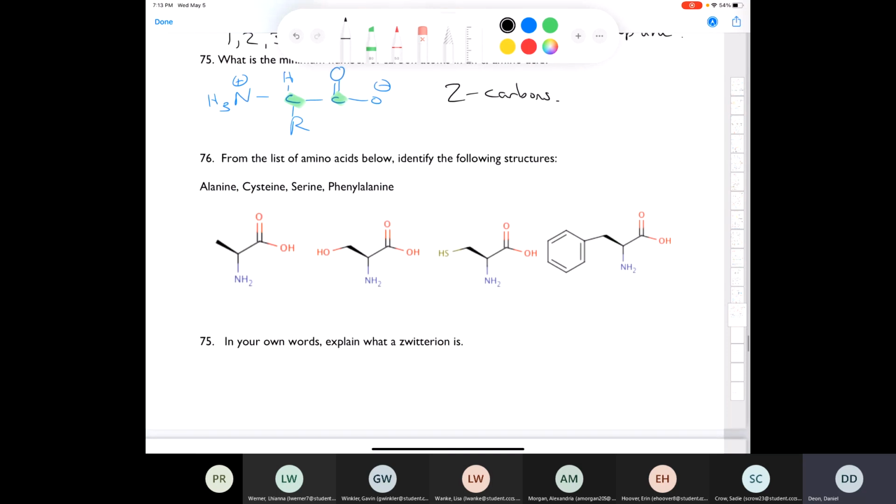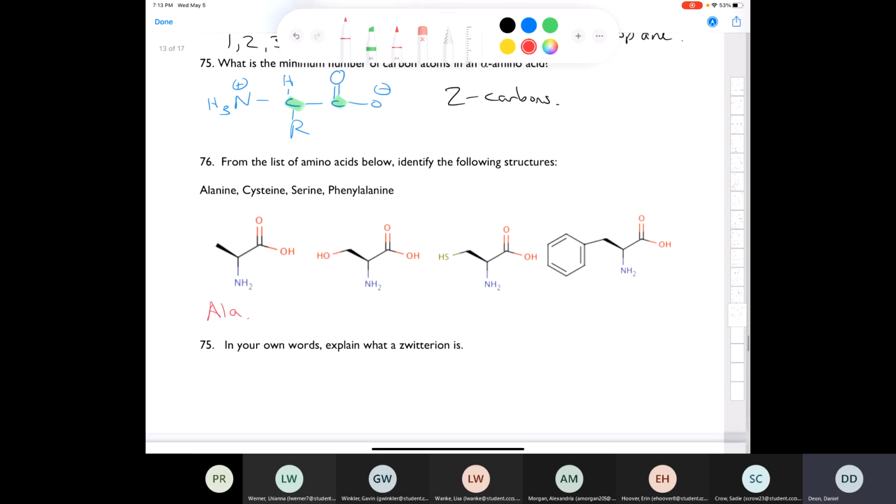From the list of the amino acids below, identify the structures. Look, I don't expect you to memorize any of the amino acids. However, I do have some students who expressed an interest in learning them. So if you're the kind of person that wants to memorize them, maybe for another class in the future, be my guest. I think it's never a bad idea. When you just have a methyl group like that, that's an alanine.